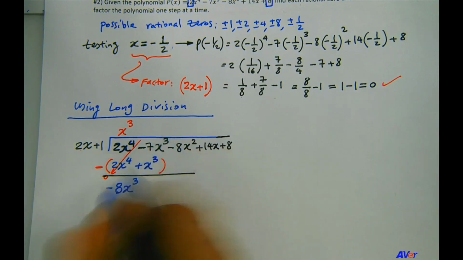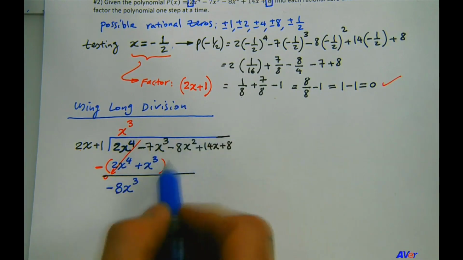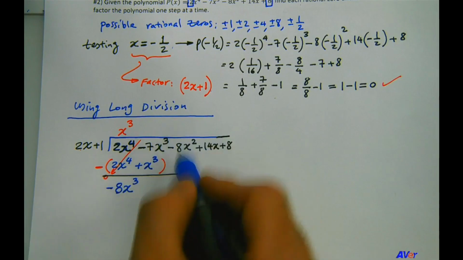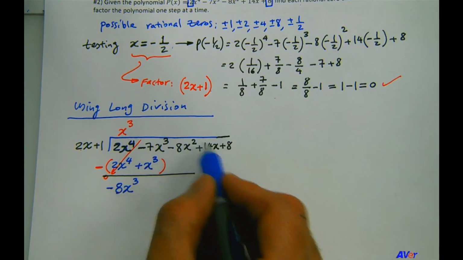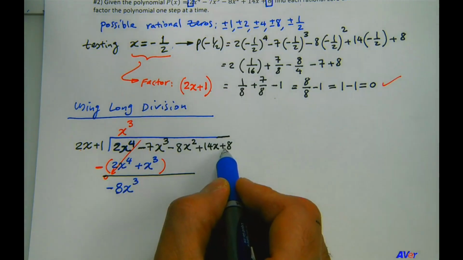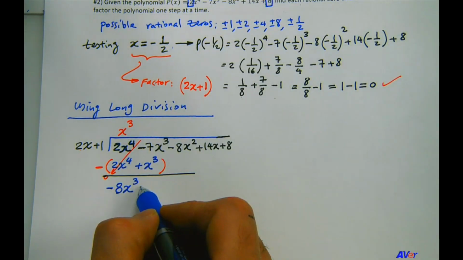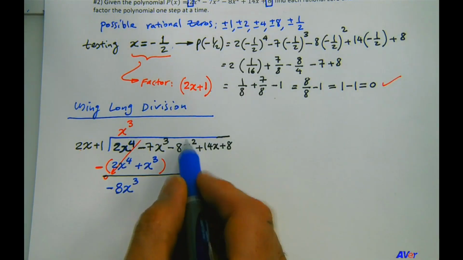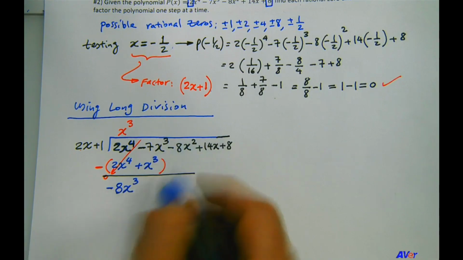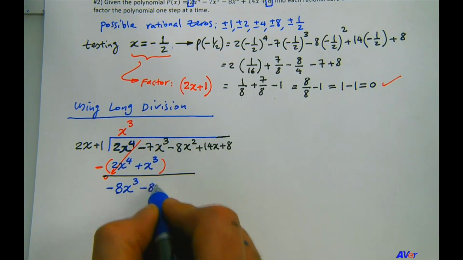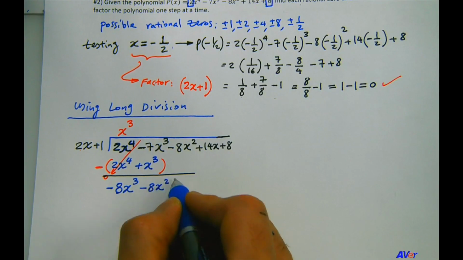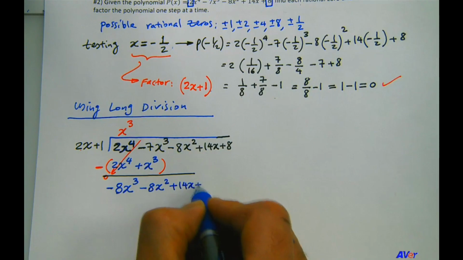And then the other terms, the x squared, the 14x, and the constant, we have nothing here to subtract from them, right? So we're going to write these down as they are. So minus 8x squared and plus 14x plus 8.